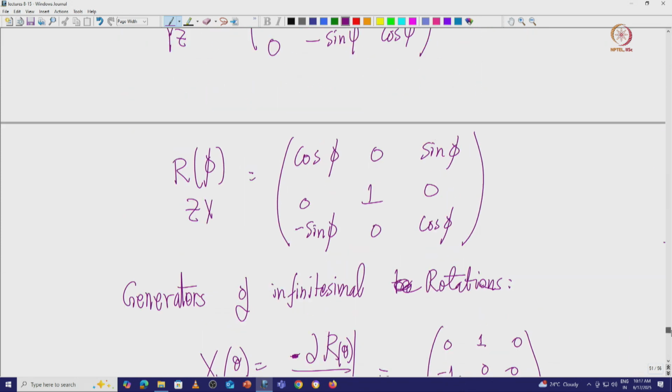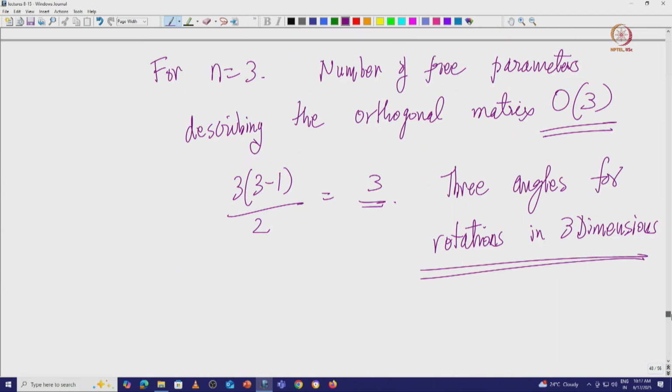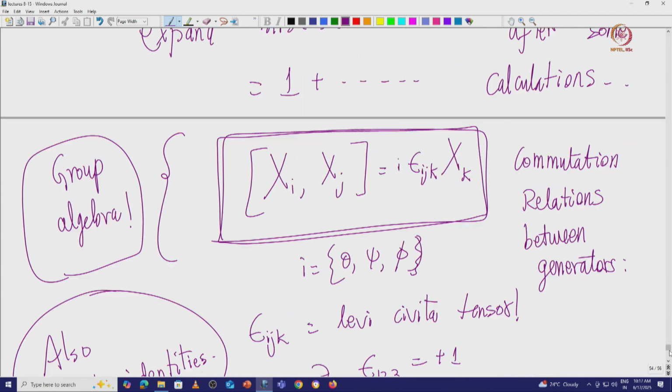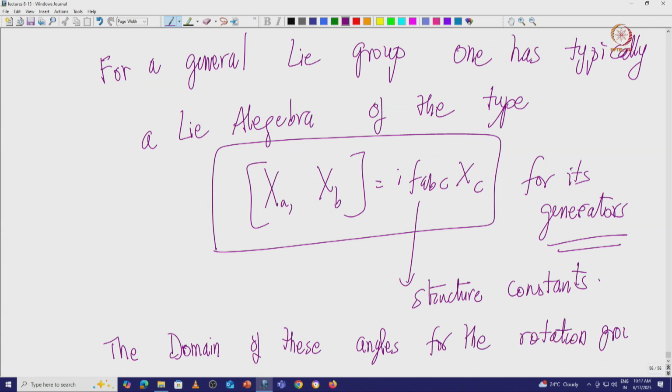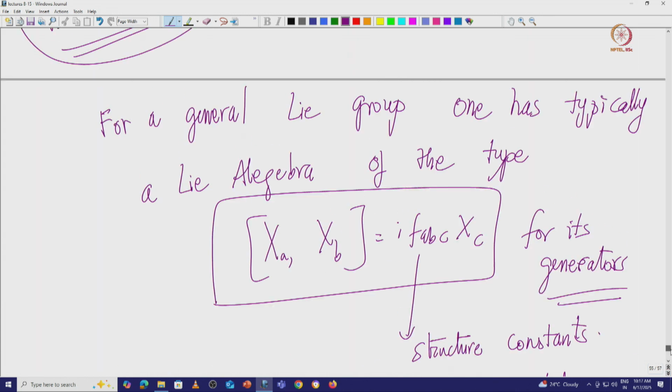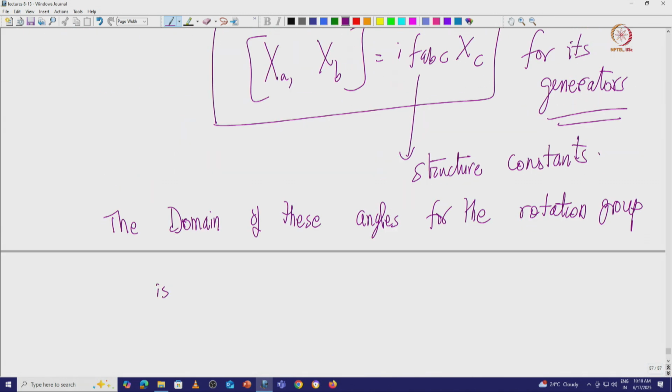Essentially the domain of these angles for the rotation group comes back to itself, 0 to 360 degrees, so it is compact.